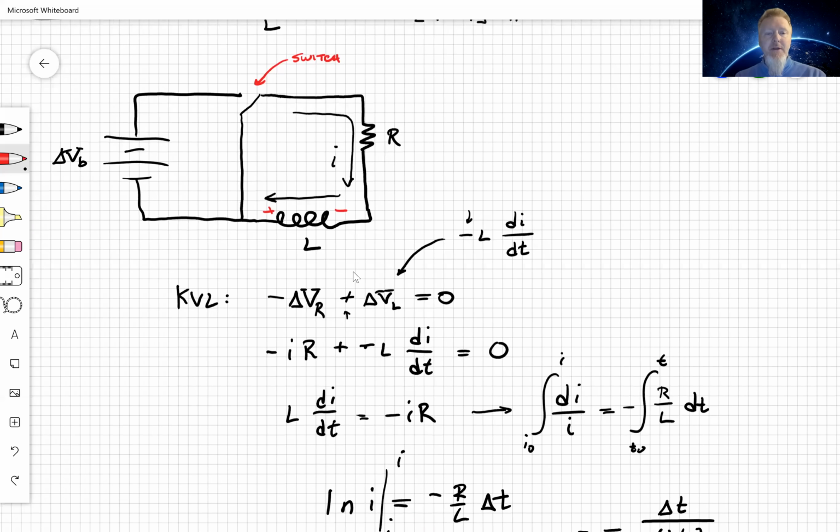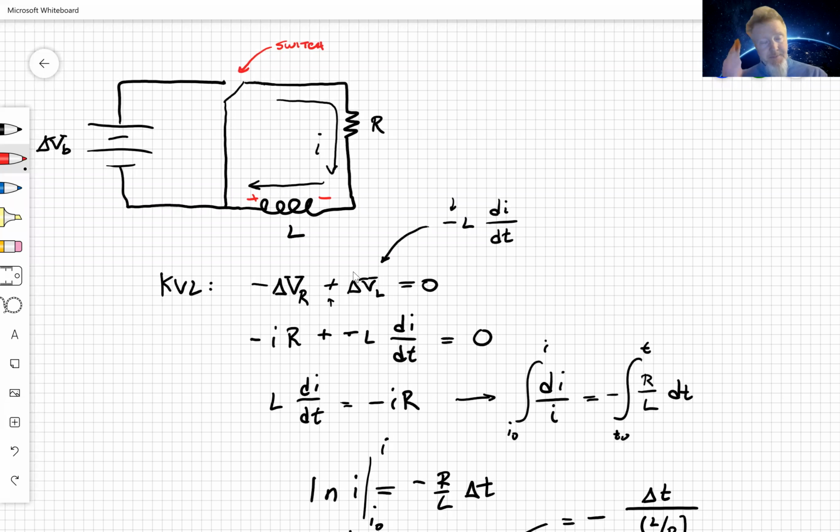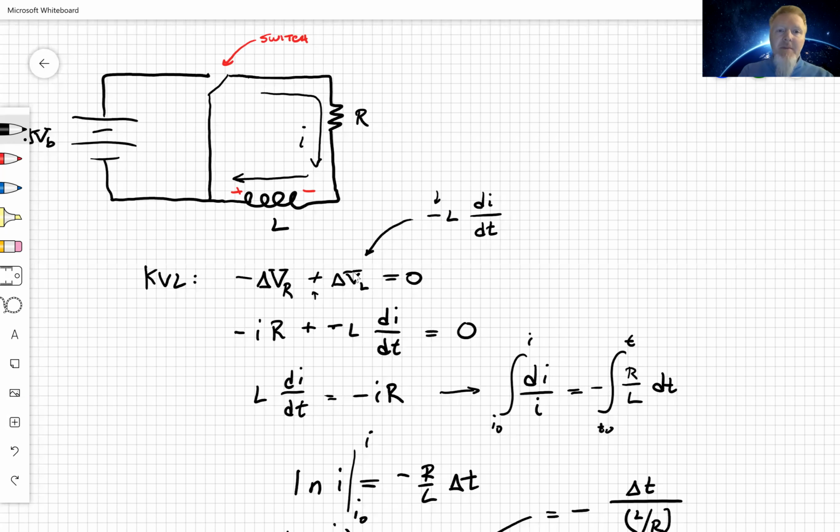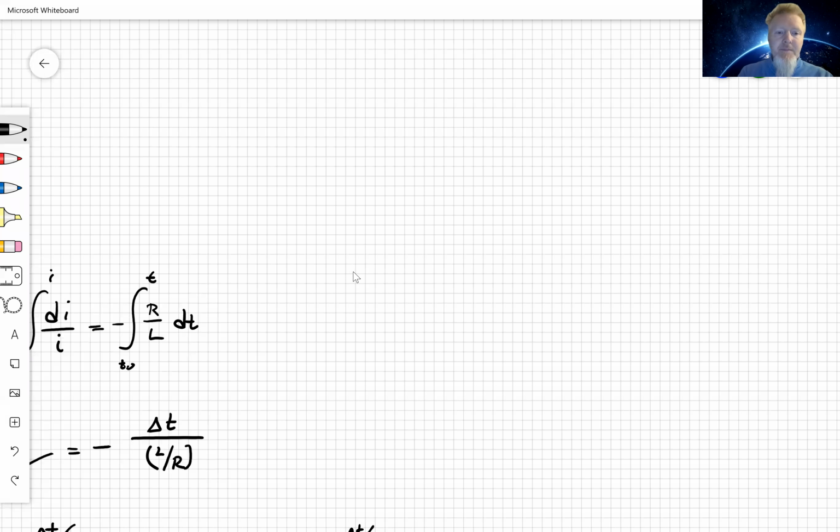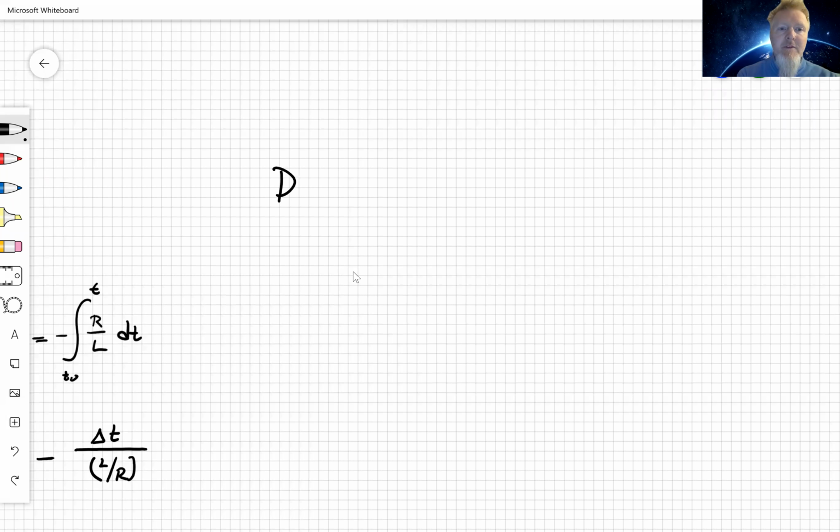Go back up to the circuit here. You'd find that if I took the L out and stuck a C in there, the same type of analysis would work. When you charge the capacitor up, let's look at the DC characteristics of these two circuit elements.